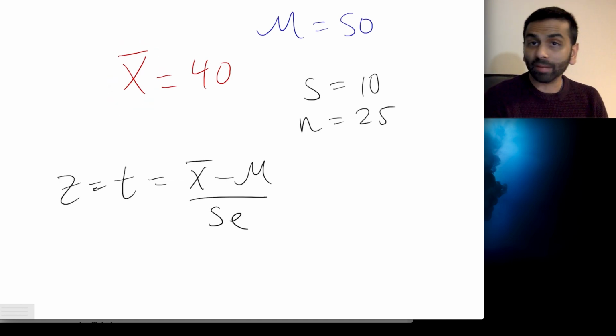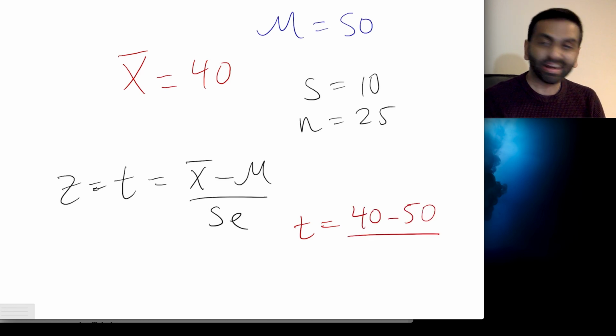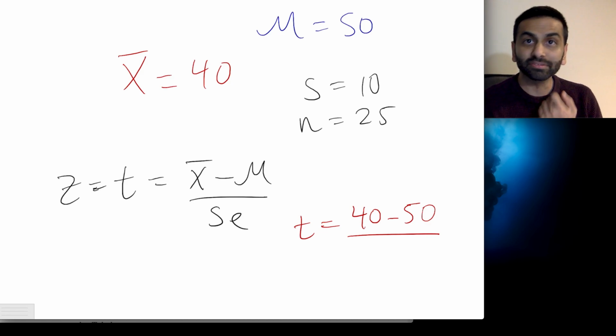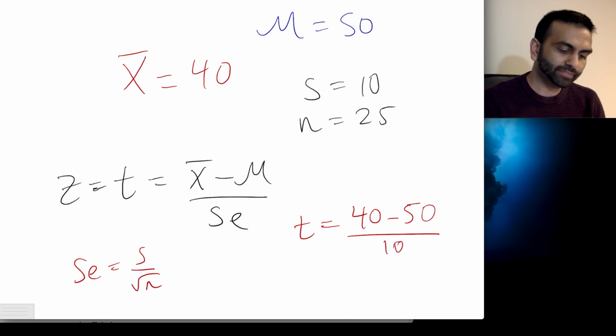So in this case, your t is going to be 40 minus 50, so that's how far away from the mean you are, divided by the standard error. The formula for standard error is s over root n. So that's going to be 10 over root 25.